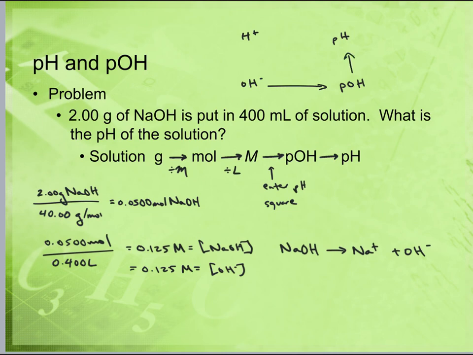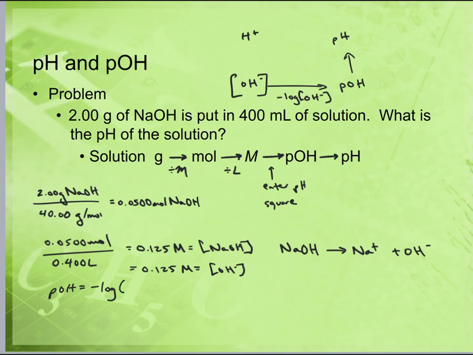So what we're going to do is follow along with the arrows that tell us how to get to that. So going from the hydroxide ion concentration here to pOH is negative log of the hydroxide ion concentration. So we're simply going to find pOH by doing the negative log of the number we just found.